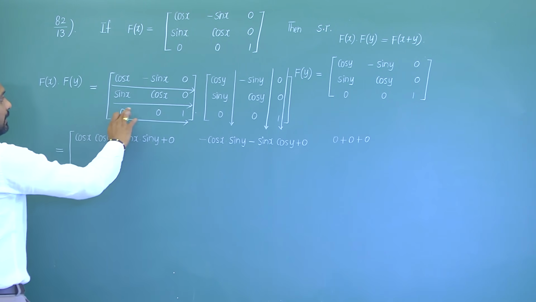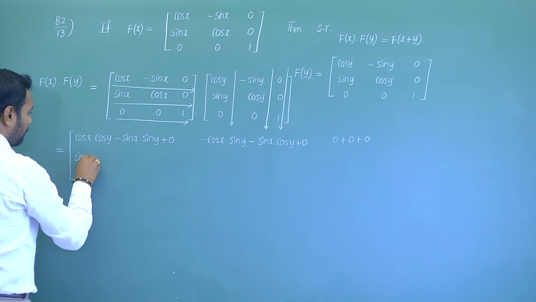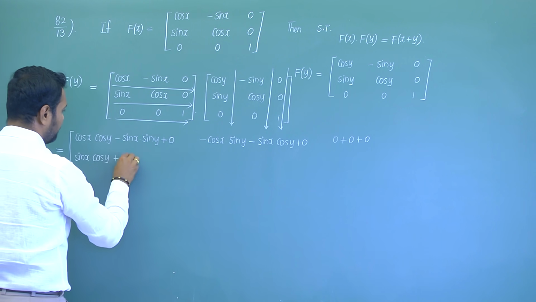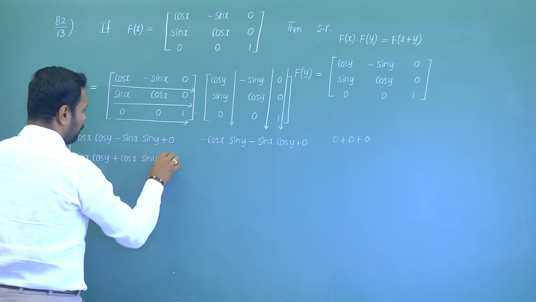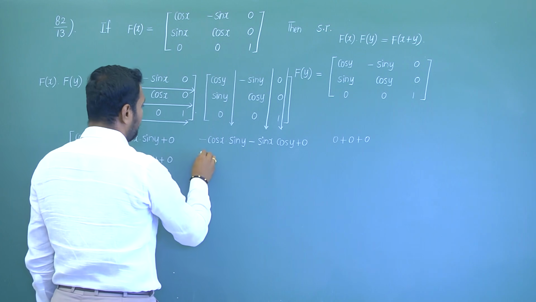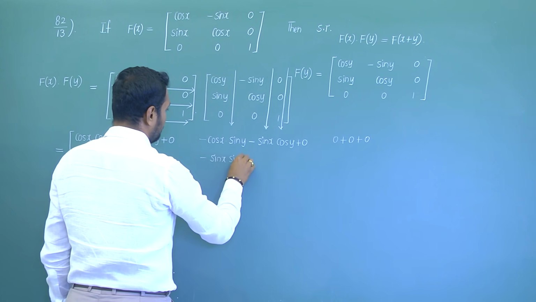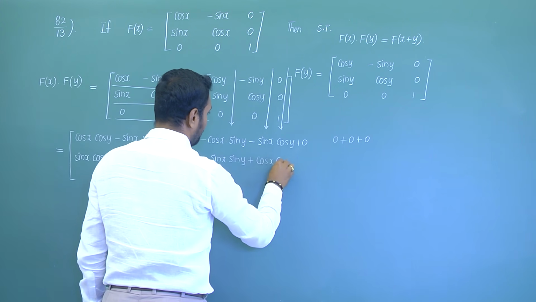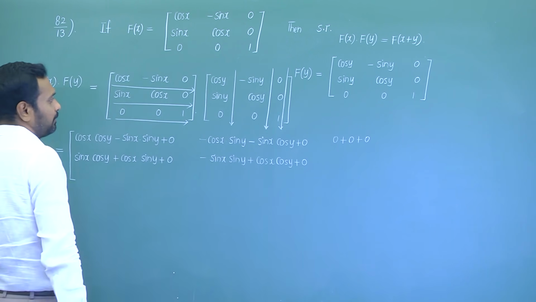Next, second row, first column element is sin x cos y plus cos x sin y plus 0. Second row, second column element is minus sin x sin y plus cos x cos y plus 0.